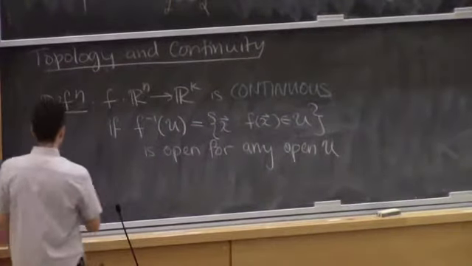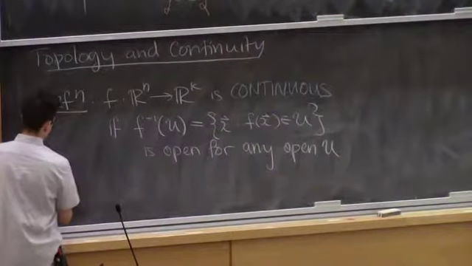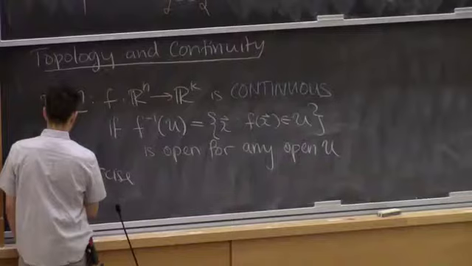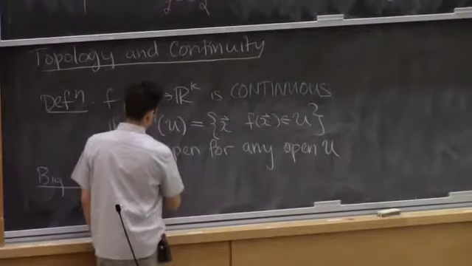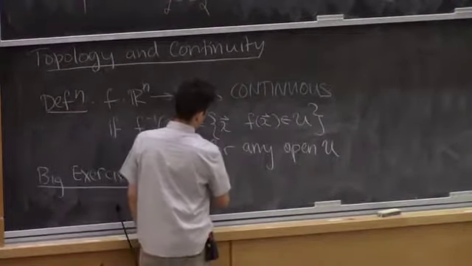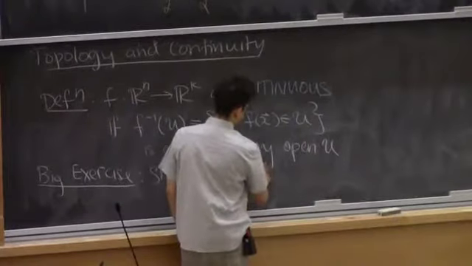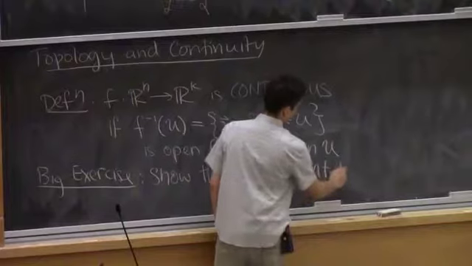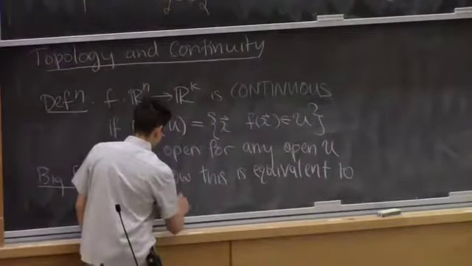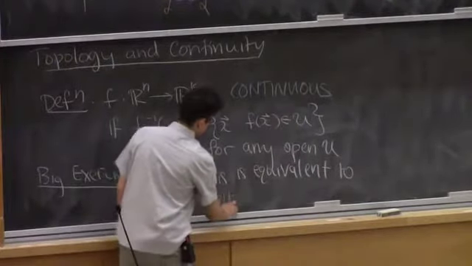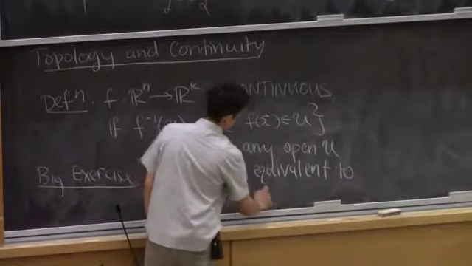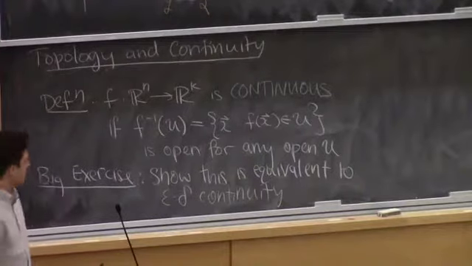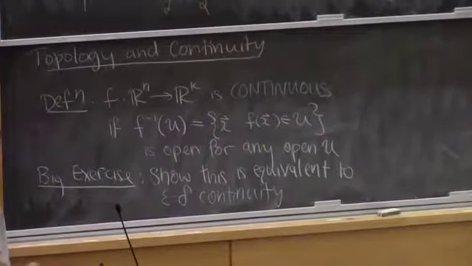Okay, so our definition in terms of epsilons and deltas can be rephrased in this way. So I guess the big exercise is to check that this rephrasing is equivalent to epsilon delta continuity.